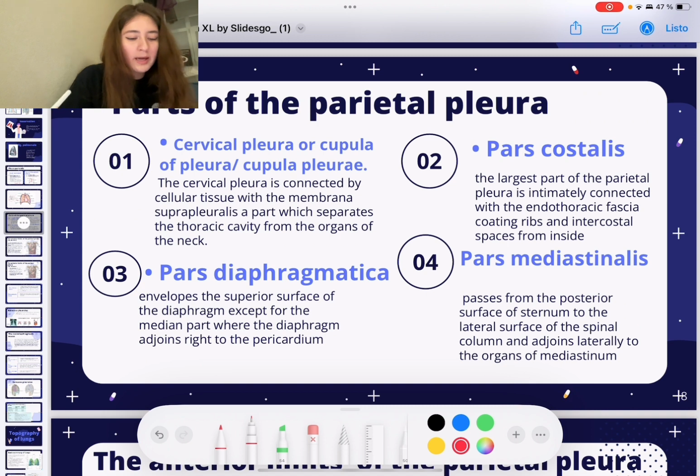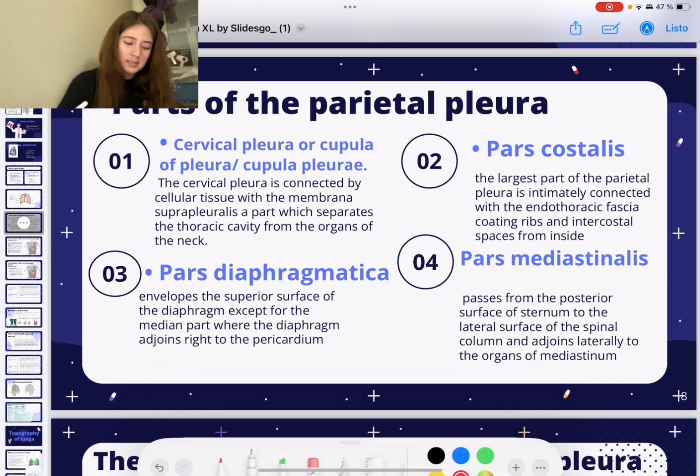Let's see in more detail the parts of it. The cervical pleura or cupula of pleura, cupula pleurae, is connected by cellular tissue with the membrana suprapleuralis, a part which separates the thoracic cavity from the organs of the neck. Pars costalis is the largest part of the parietal pleura, intimately connected with the endothoracic fascia, covering ribs and intercostal spaces from inside.